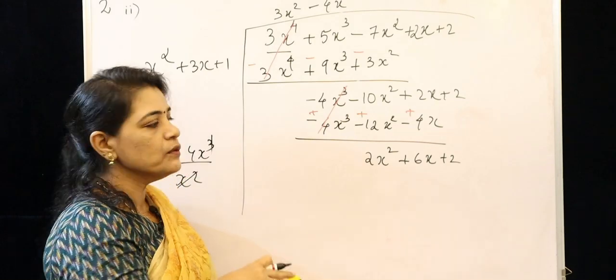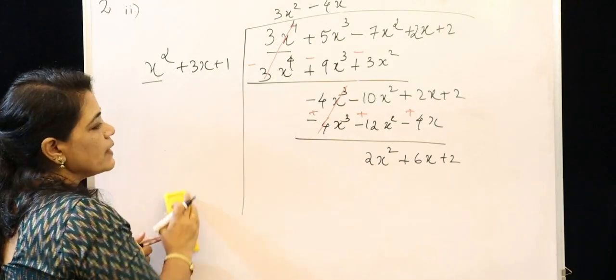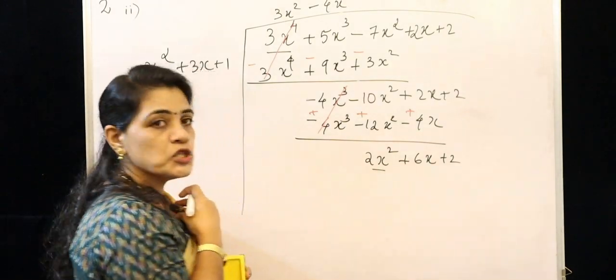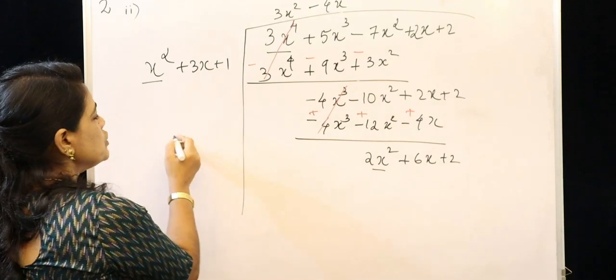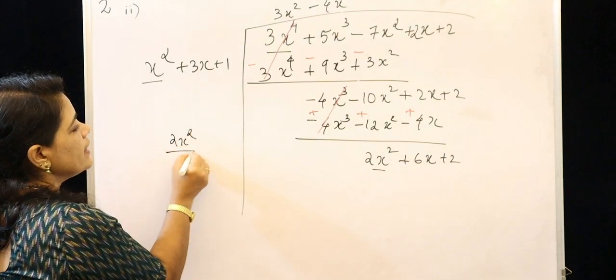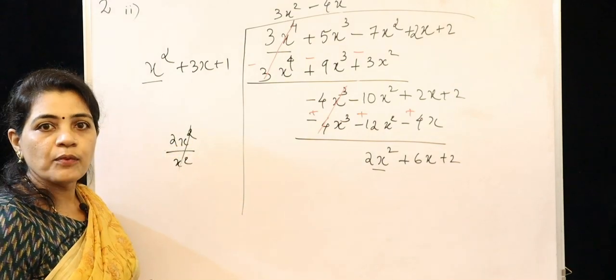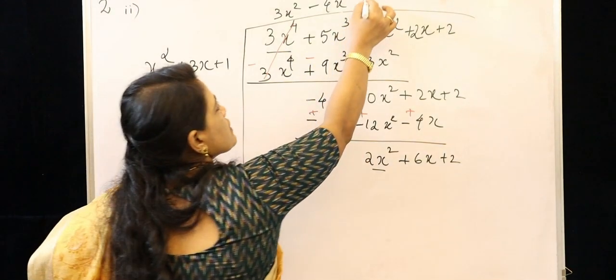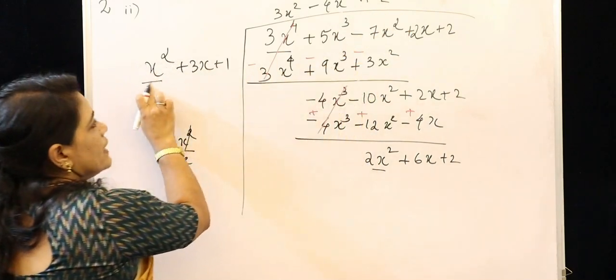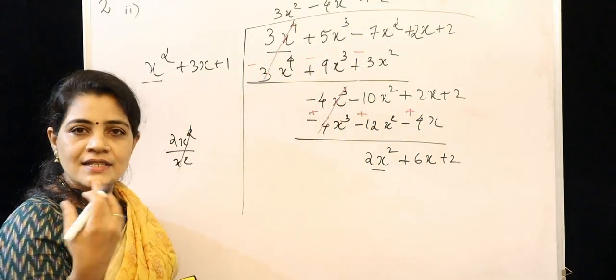So we have to continue the division process by considering the first term, that is 2x square. Okay, 2x square divided by x square, this term x square gets cancelled, positive 2. With this positive 2, we have to multiply each and every term in the g of x.